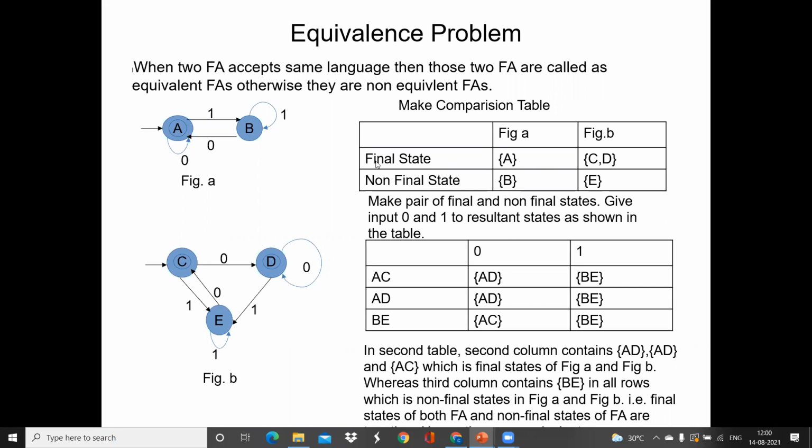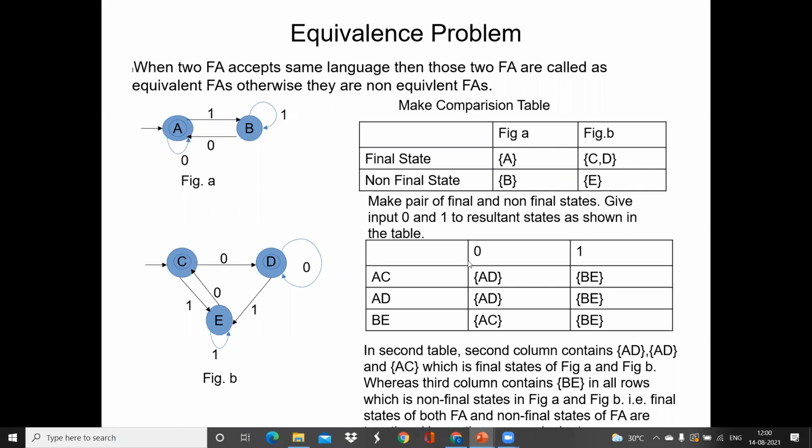So, figure A, from here you identify the final state. A is the final state. From figure B, you identify the final states, which are C and D. From figure A, you identify the non-final state, so you have B. From figure B, the non-final state is E.